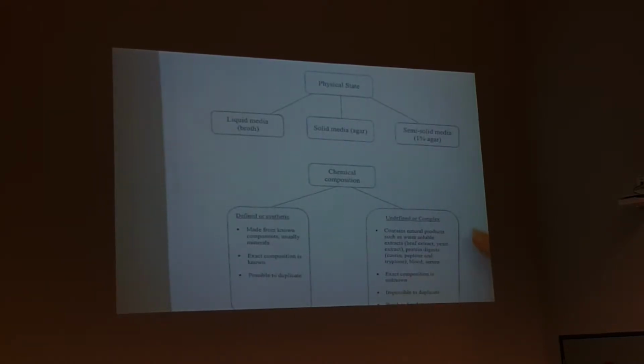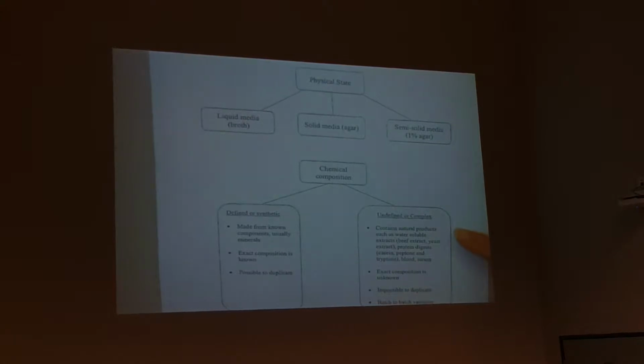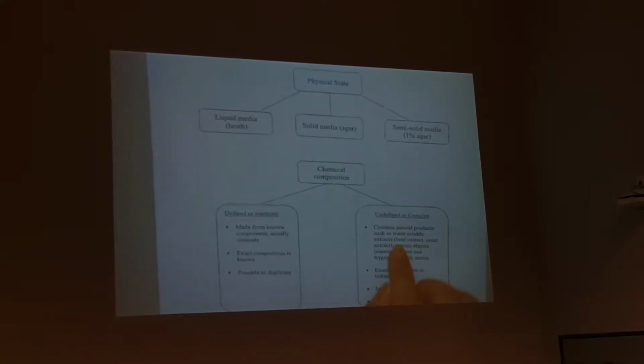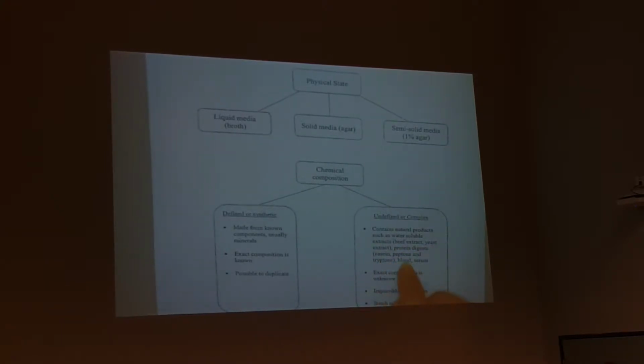In the other case, if you want to classify under undefined, it has to contain natural products. So you have to remember what are the examples of natural products. Examples are extracts. The different types of extract you can have are beef, yeast, soy extract, etc. So when you see the word extract, it means that it is one type of natural product. Next, protein digests.